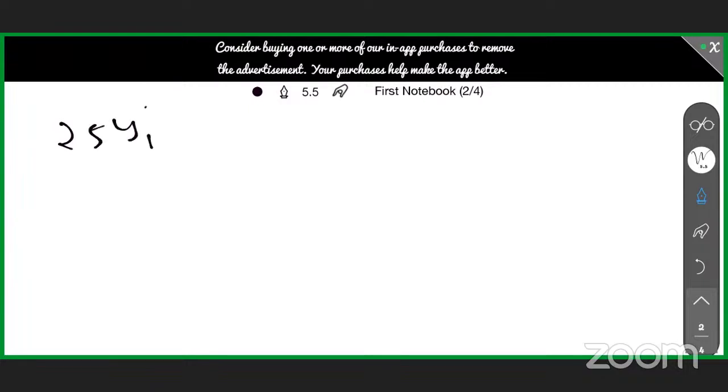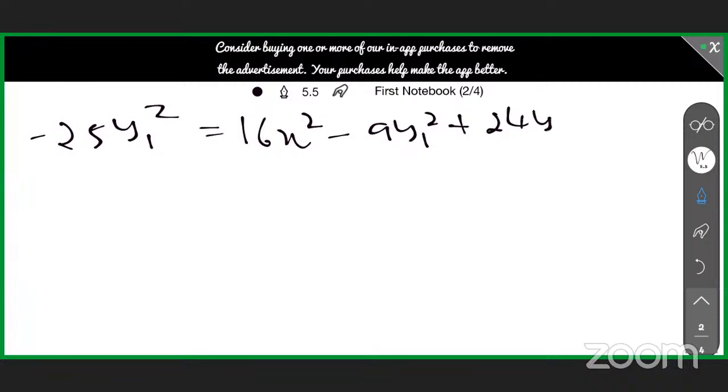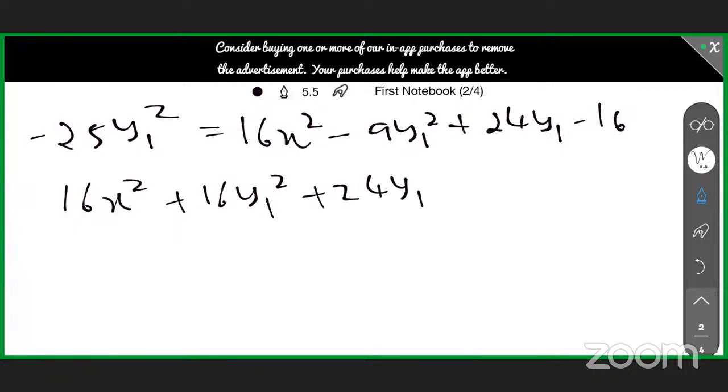Case 2: 25y1 square with minus is equal to 16x square minus 9y1 square plus 24y1 minus 16. When I take this one this side, it will be 16x square plus 25 minus 9 will be plus 16y1 square plus 24y1 minus 16 is equal to 0.